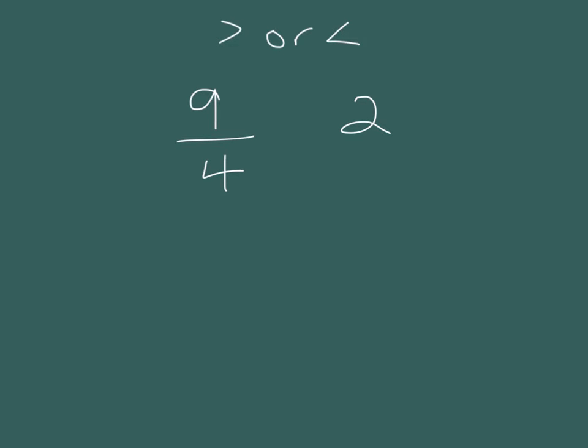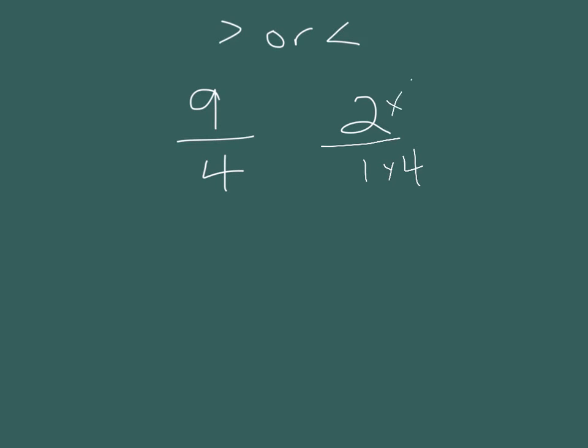For this problem, I'm asking you to determine greater than or less than between the pairs of fractions to make a true statement. So we have 9/4 and 2. The first thing that you have to do is turn the 2 into a fraction, which we know you would take over 1. Now you have to make sure that you have a common denominator. So we're going to keep the 4, and we're going to make a common denominator for the 2 of 4.